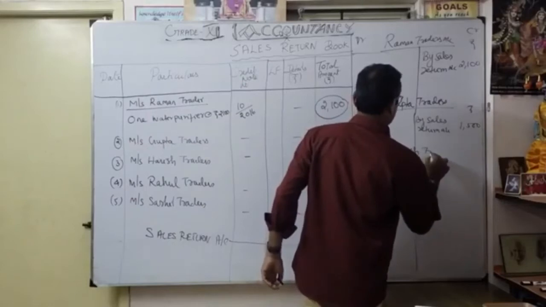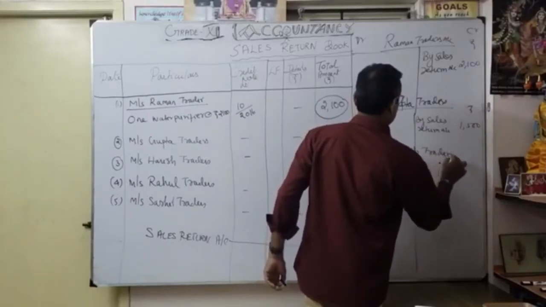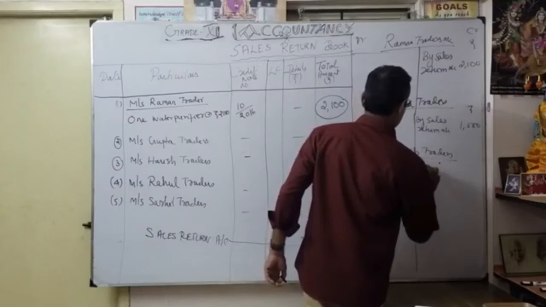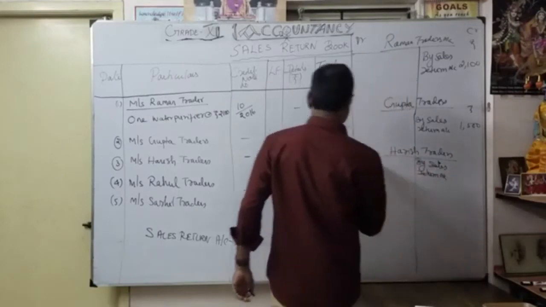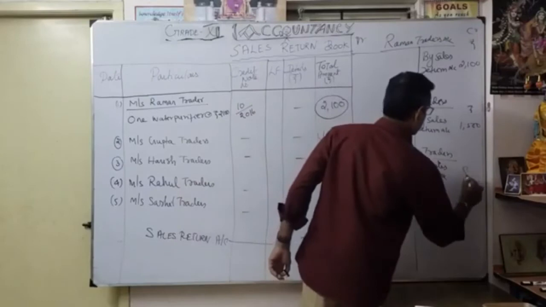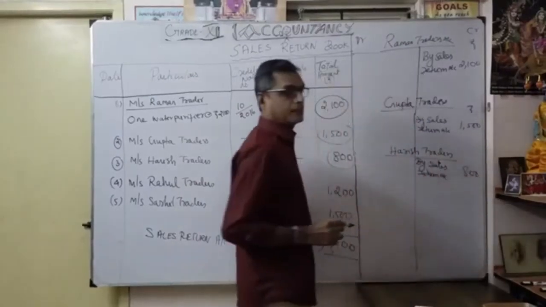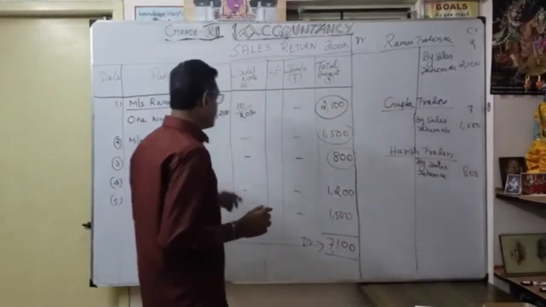In Harish Traders account, by sales return account, how much? 800. Then Rahul Traders.